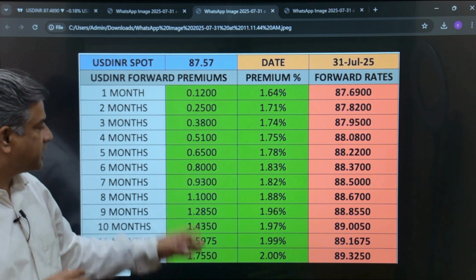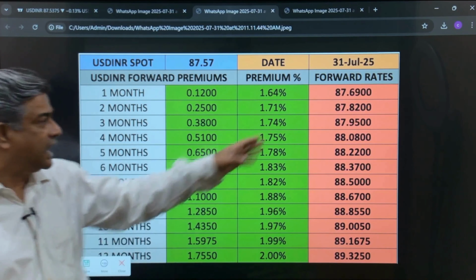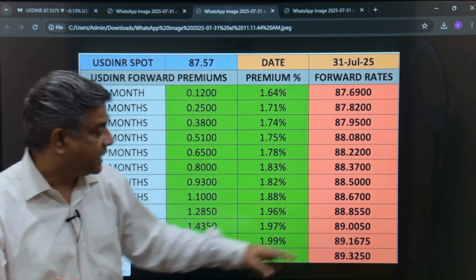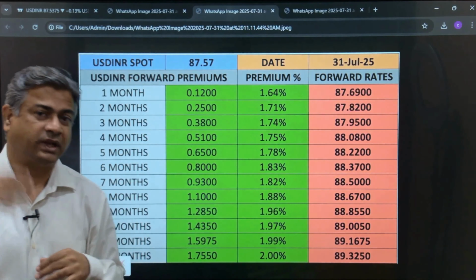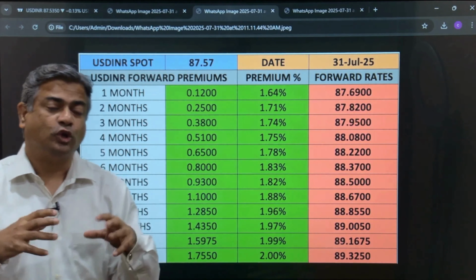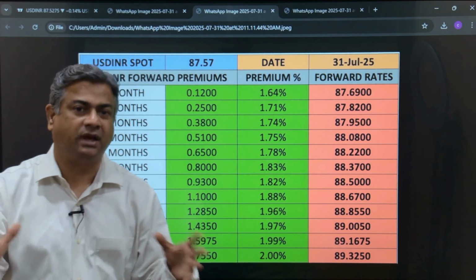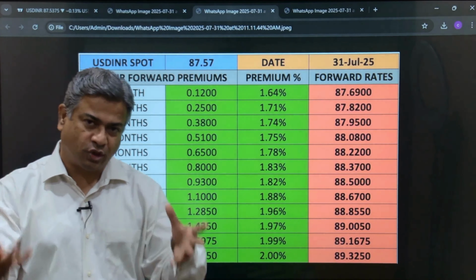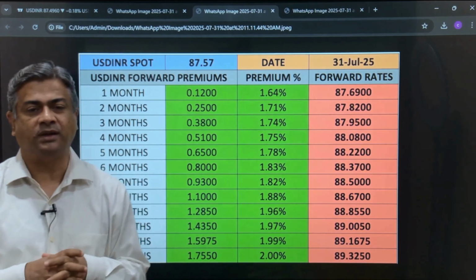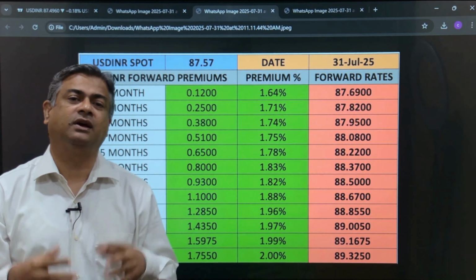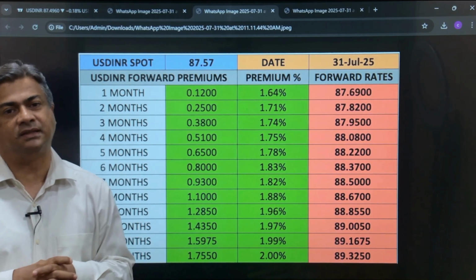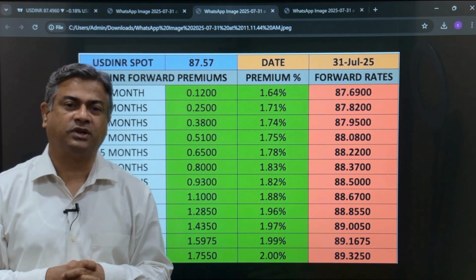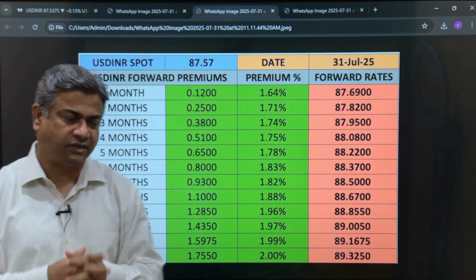These are the forward premiums for each respective month, and we get forward rates of 87.90, 88, and even 89 for 10, 11, 12 month forward. So those levels are incredibly attractive to lock in your future receivable prices. I am sure your budgets must have been much lower, so you are locking in a good amount of profitability at these levels. So very strong recommendation to all dollar exporters to hedge their forward receivables.